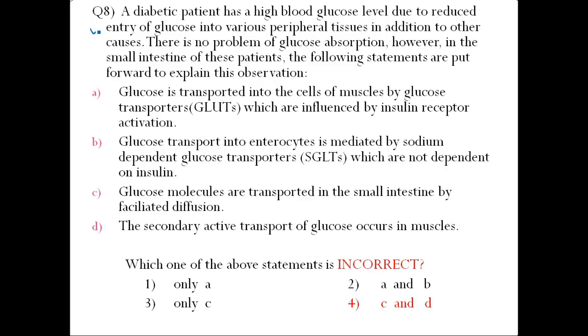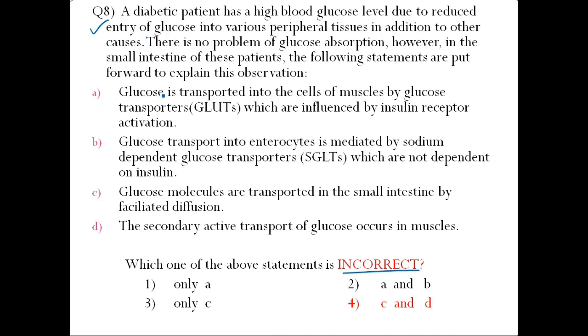Next question. A diabetes patient has high blood glucose level due to reduced entry of glucose in various peripheral tissues in addition to other causes. There is no problem of glucose absorption in the small intestine of this patient. The following statements are put forward to explain the observation. They are asking about the incorrect statement.